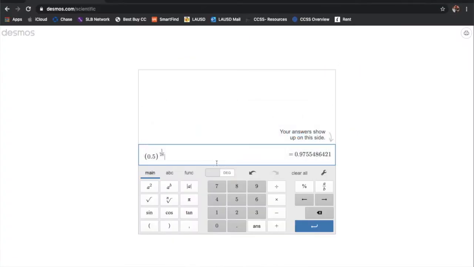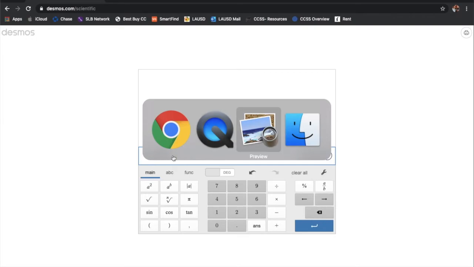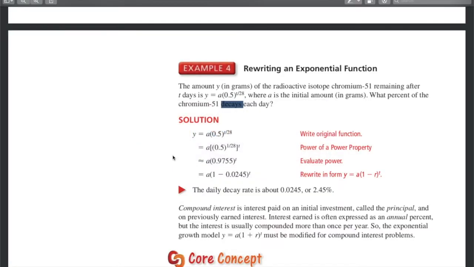So let me help you do that. Let me erase what we had before. 1 minus 0.9755, and we actually get that r is equal to 0.0245.